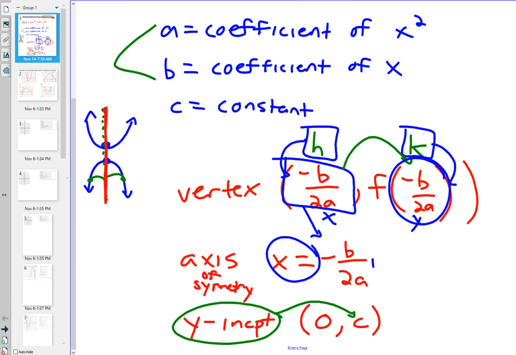At c. So we can use a and b to find the vertex, and then we can use c to find the y-intercept. It's not as helpful as the vertex, but we'll take anything we can get. Whatever can help us do less work, right? That's what I always say.